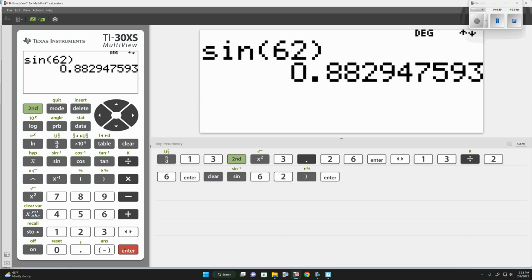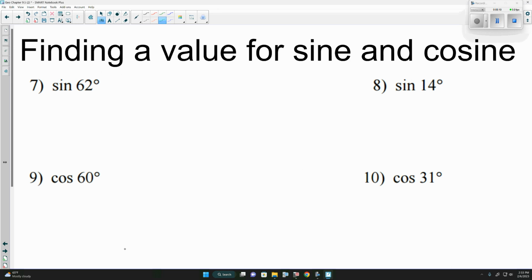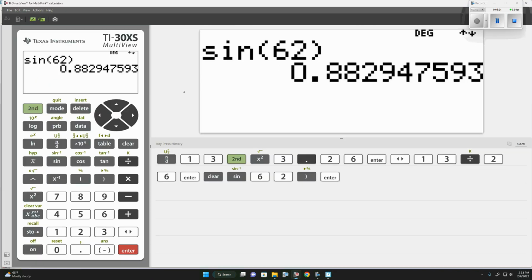It should just say DEG. 0.8829. Yeah, so sine of 62 degrees does have a specific value, and it's 0.8829, and it continues on. We can do the same with sine of 14.